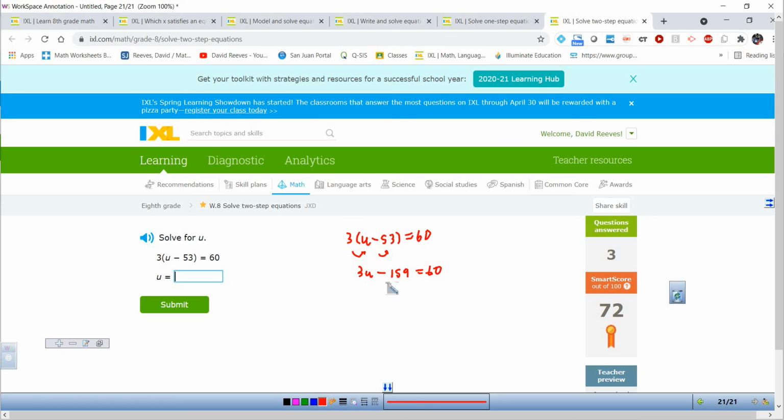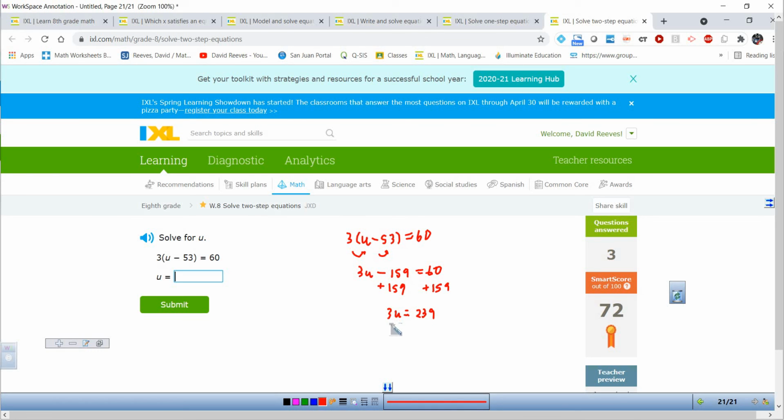All right. And then I'd have my two-step equation. And I would add 159 to both sides, and I would get 3u is equal to, let's see, when I added those together, I would get 239. All right.